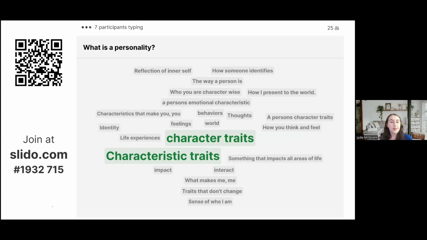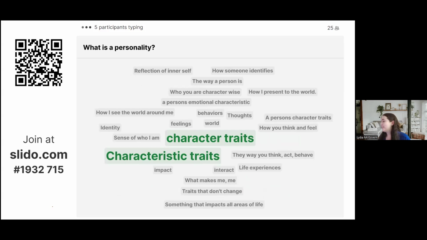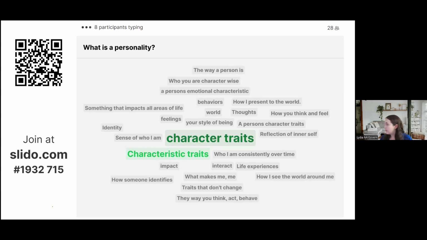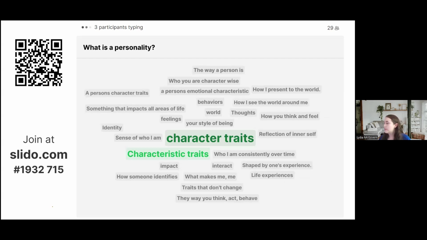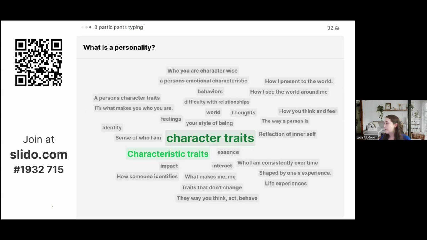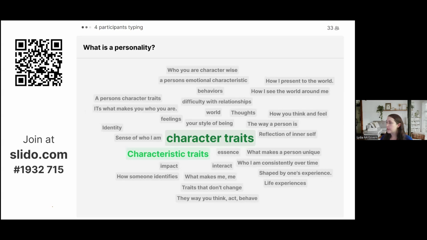Seeing the word characteristics a lot here. Your style of being. It looks like we have just a couple more people typing, but the word character and characteristic is coming up a lot. So I'm going to give these last 3 people a chance to get in here.